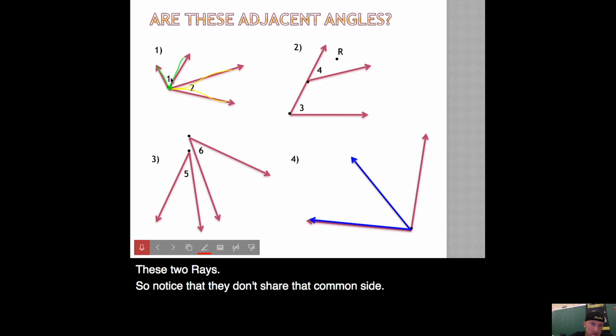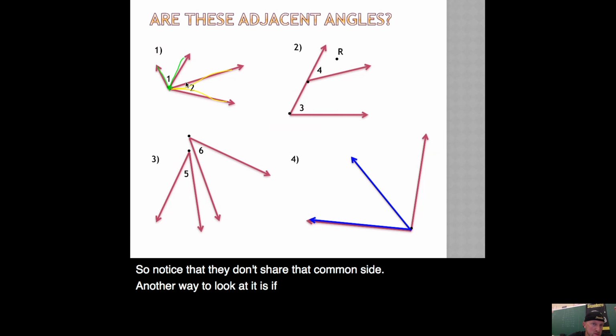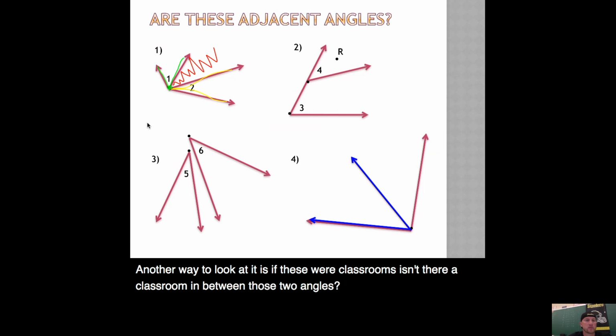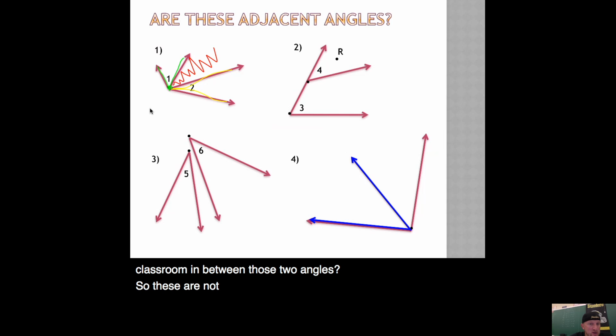Another way to look at it is, if these were classrooms, isn't there a classroom in between those two angles? Okay, so these are not adjacent because they don't share a side. So hopefully you can write that down in your notes.